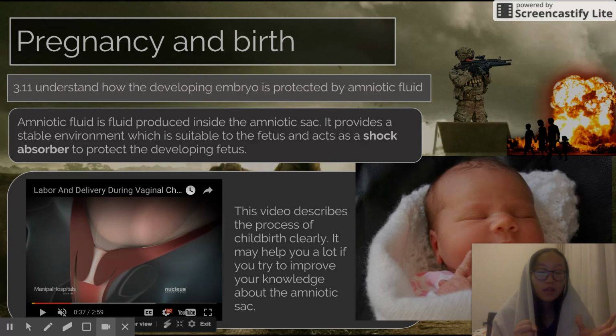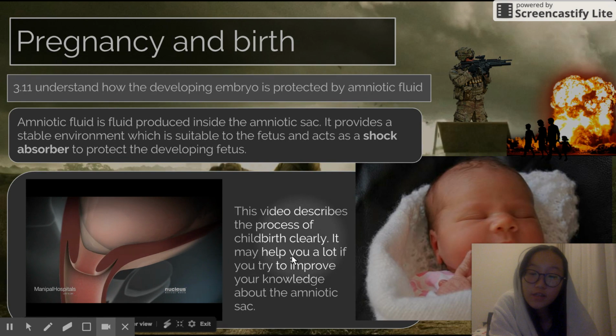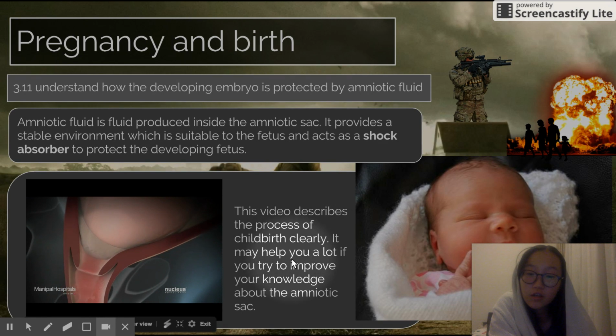They have to use their muscles to actually remove the baby. So that is the other reason why the uterus is designed with a muscular wall.